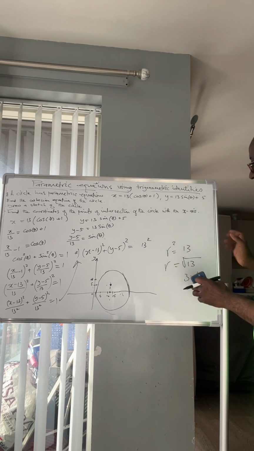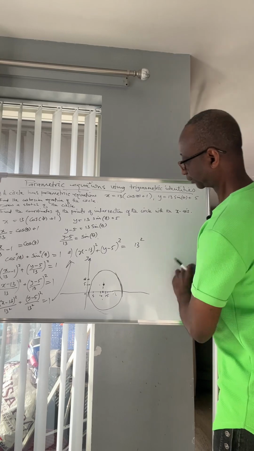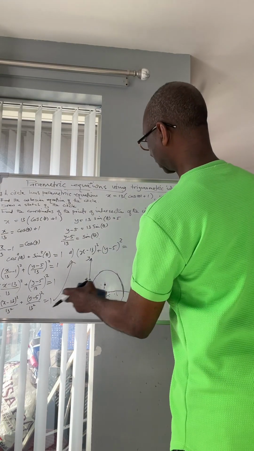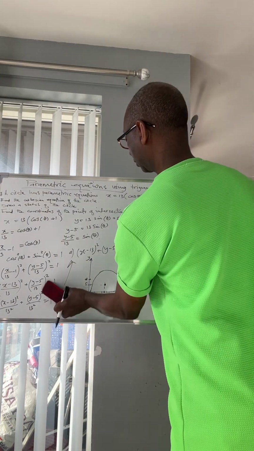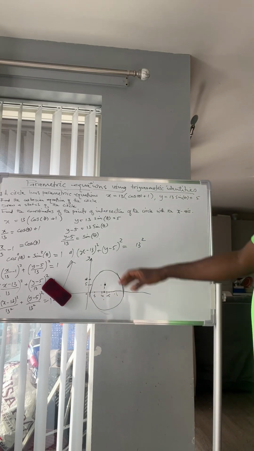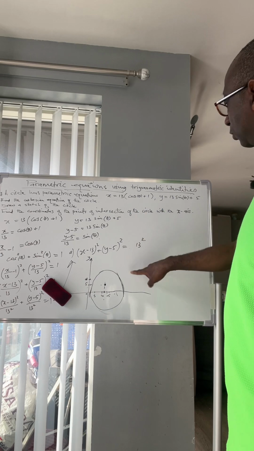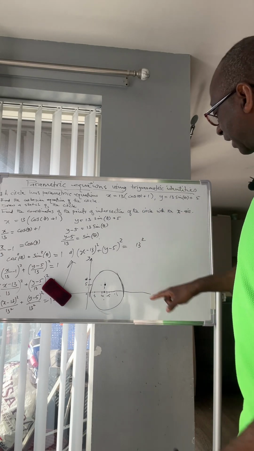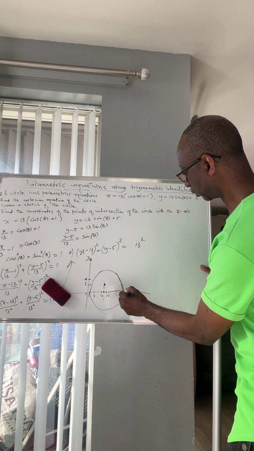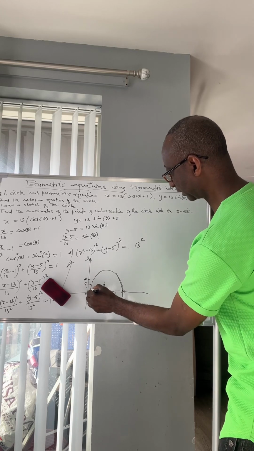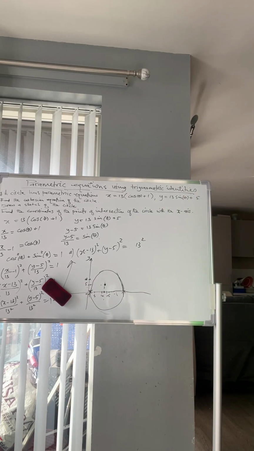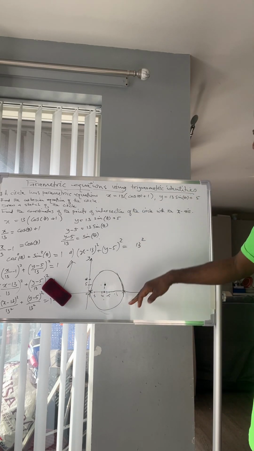So let's see. Part C is saying, find the coordinates of the point of intersection. That is where this circle meets the x-axis. They're asking you about the coordinates where it cuts the x-axis.